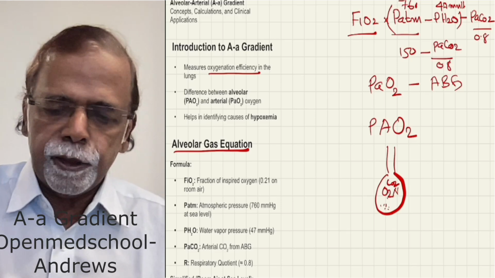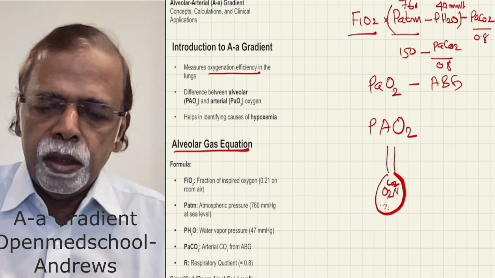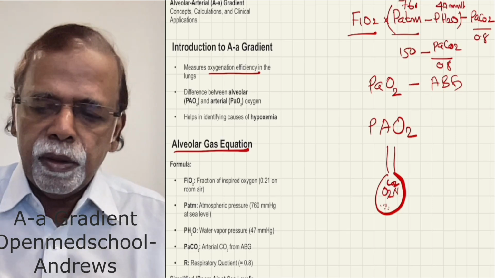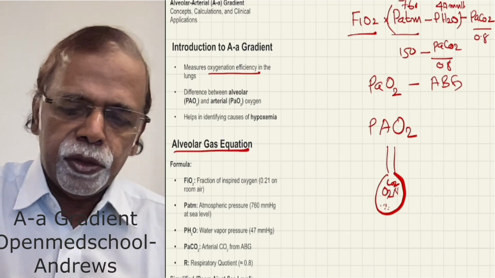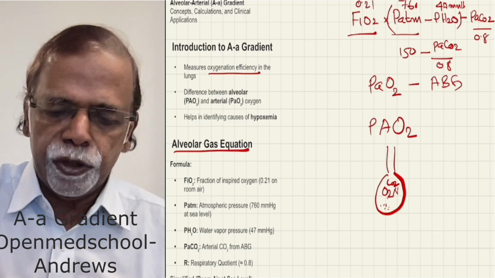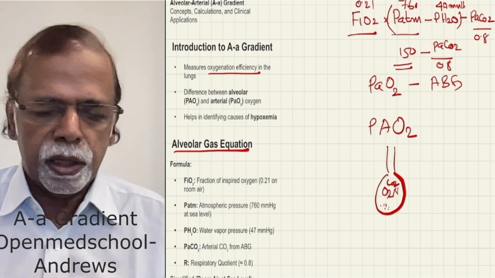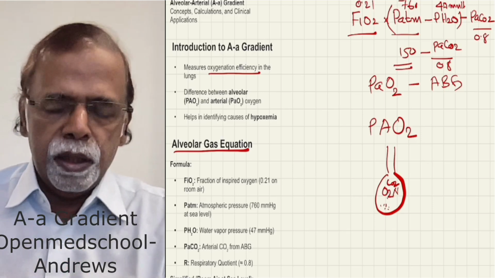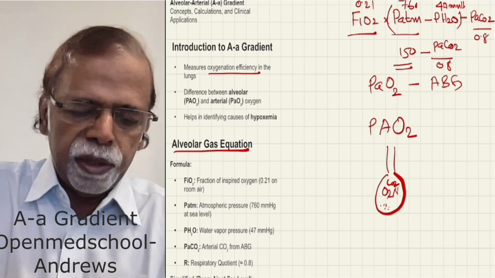If you subtract the water pressure, that is 760 minus 47, and multiply with the FiO₂, that is 0.21, this comes to 150. So this is the simplified formula for calculation of the alveolar oxygen tension. So I will repeat once more.